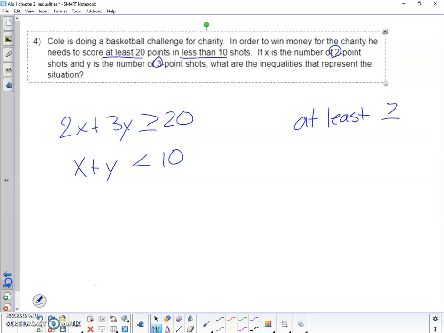Alright, so words like at least mean greater than or equal. The other one we had was up to, which means less than or equal.